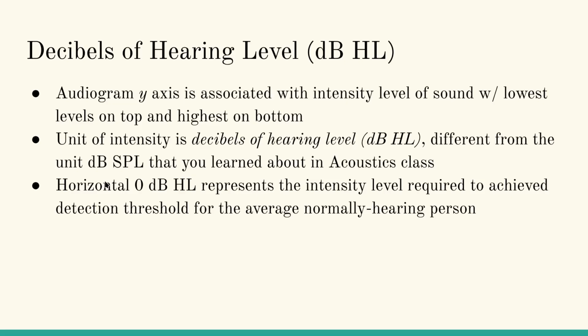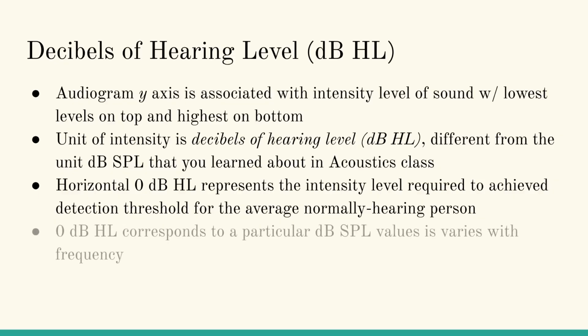On the vertical axis, 0 dBHL represents the intensity level required to achieve the detection threshold for the average normal hearing person. 0 dBHL corresponds to a particular dB sound pressure level value that varies with frequency.